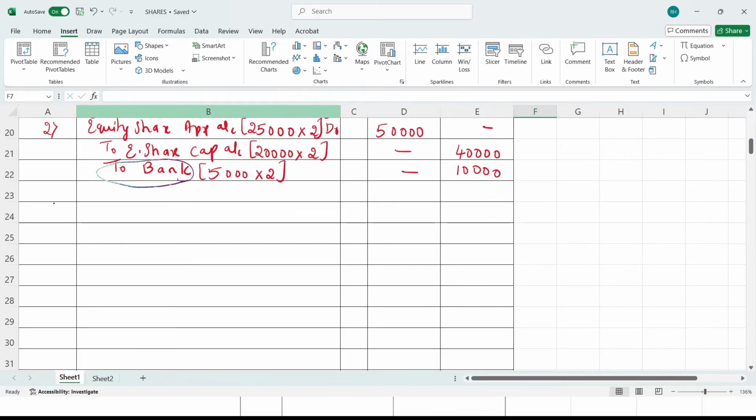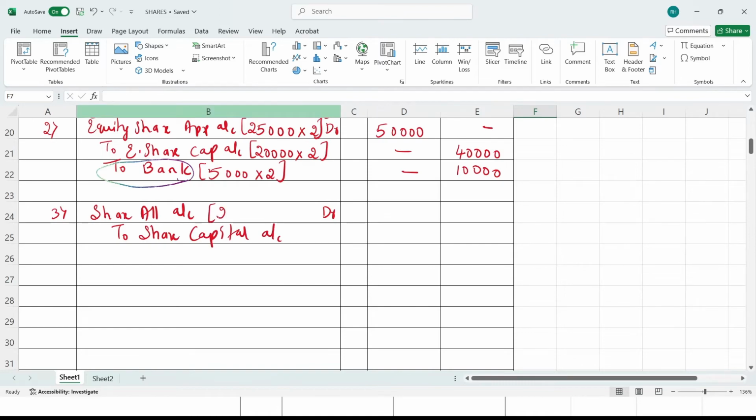Which money is due here? Allotment money is due. So share allotment account debited to share capital account. This is the due entry. How many shares do you have to take?